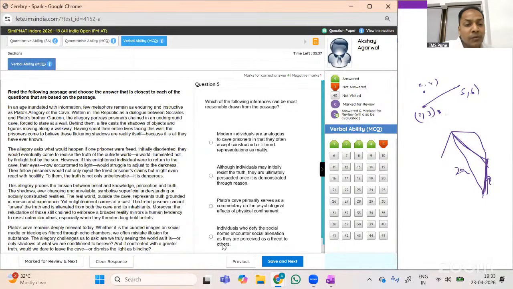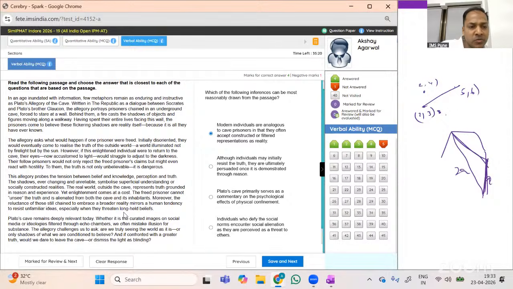Basically, individuals who defy. Now the problem is individuals who defy social norms, but does every individual defy social norms? No, I think the most relevant one would be modern individuals are analogous to cave prisoners, as the best inference, because not every individual defies social norms.